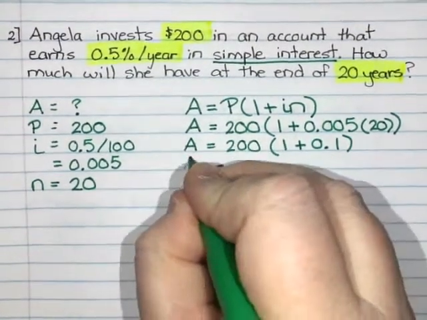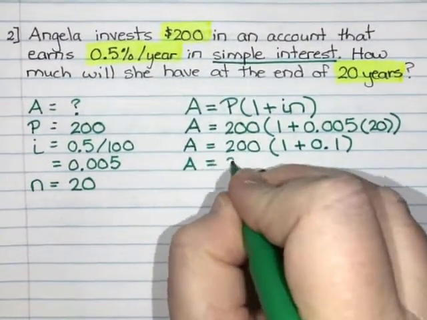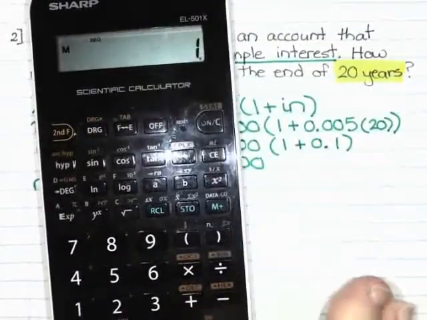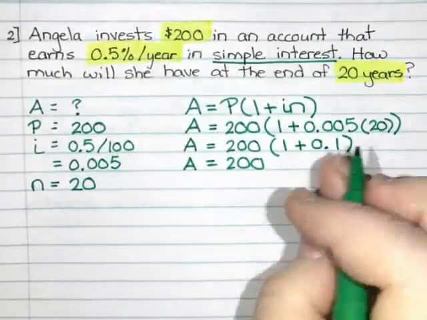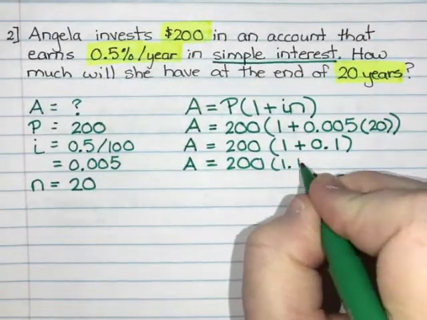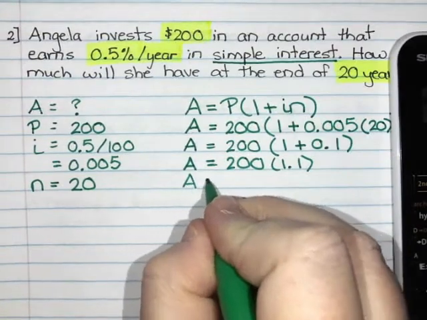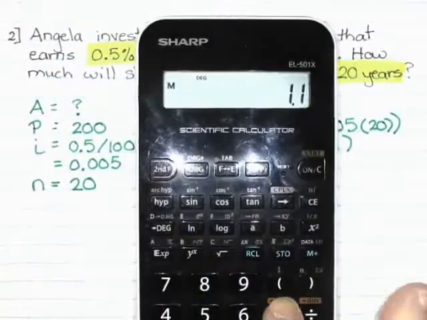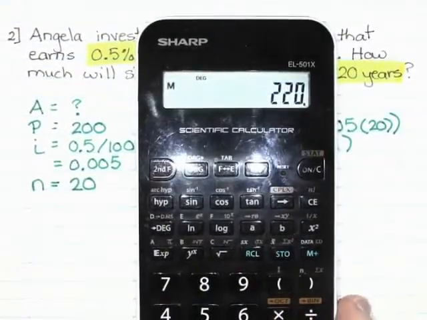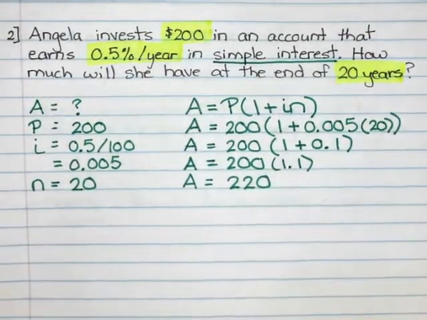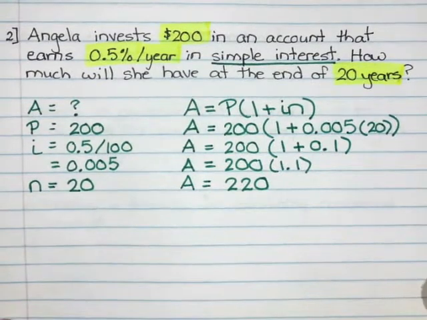I'm going to finish that bracket by adding those two numbers together. 1 plus 0.1 is 1.1. And if I multiply 200 times 1.1, I get $220. So that means that Angela has $220 at the end of 20 years.